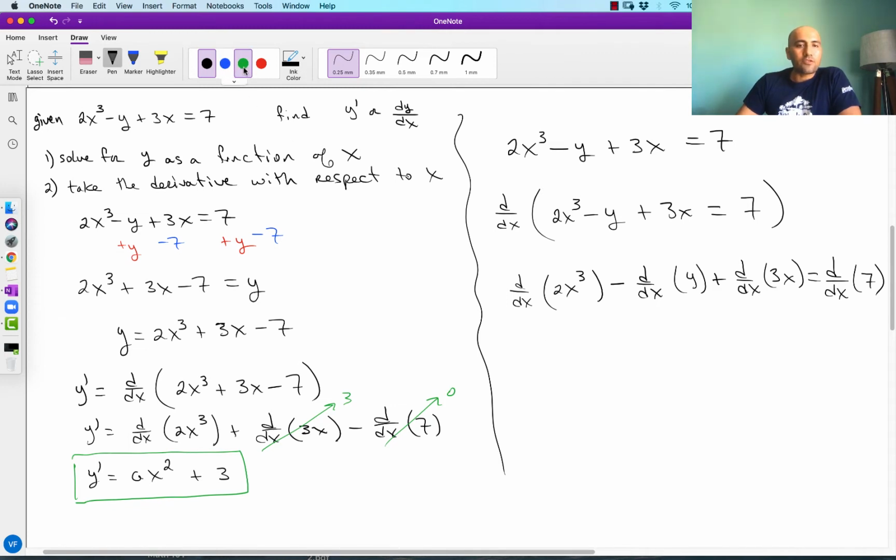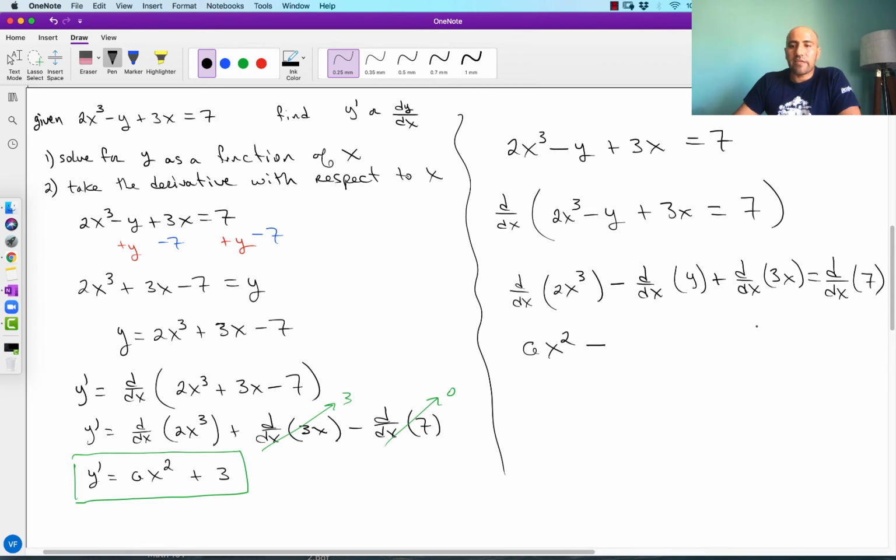A couple of these derivatives are super easy. Just like before, nothing has changed. Here we have a function in x, and we want the derivative with respect to x, so this is just going to be equal to the 6x to the power of 2 that we got before.